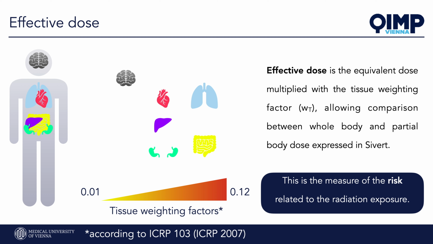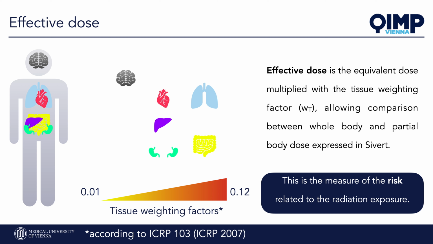If the weighting factors of all organs were added together, they would equal 1. The important take-home message from the dose measures is that effective dose is a measure of the risk related to radiation exposure, and in comparison to equivalent dose or absorbed dose, it is not a real physical quantity, but it describes the risk of the radiation exposure.